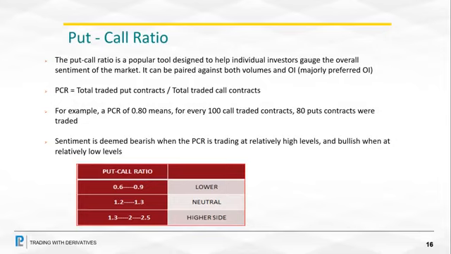It can be paired against both volumes and OI, but is majorly preferred with OI because derivatives is mainly about OI, not exactly about volumes. As OI has been one of the key indicators that we learned last time, after OI, PCR also helps us in understanding the sentiment of your trade, whether it is stock specific or index.